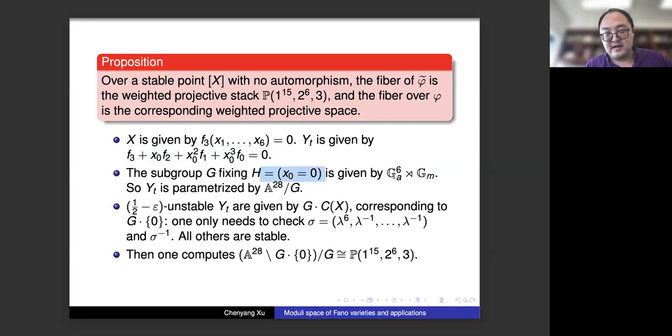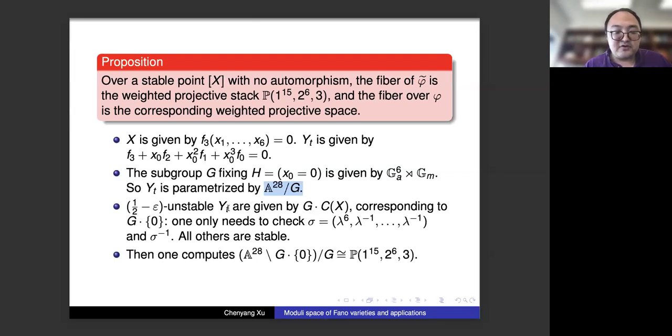One can prove that it's a semidirect product of GA6 with Gm. And YT is essentially parameterized by all the cubic fivefolds containing X, not only the stable ones. All cubic fivefolds containing the fixed cubic fourfold. Basically, it's parameterized by A28 over G.